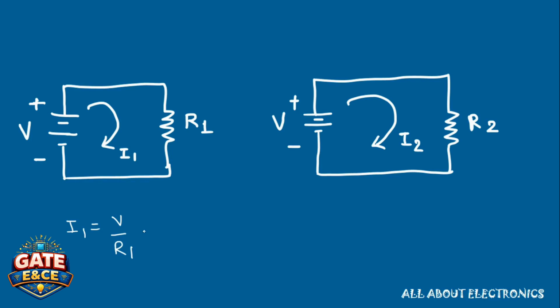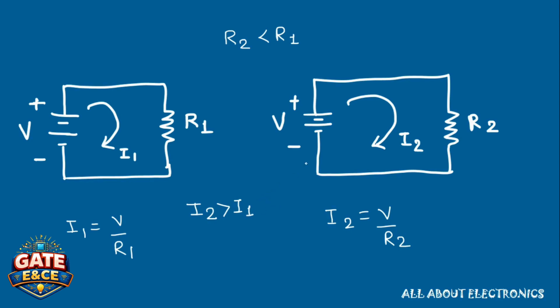In the second circuit, it can be given as I2 is equal to V divided by R2. Now here the resistance R2 is less than R1, so more current will flow through the second circuit as the value of resistance is less. But in the first circuit, as the value of resistance R1 is more, less current will flow. So for both these circuits, I2 will be greater than I1.